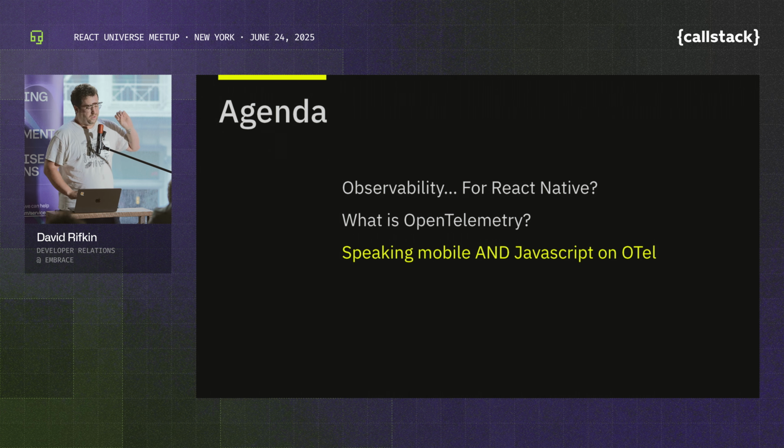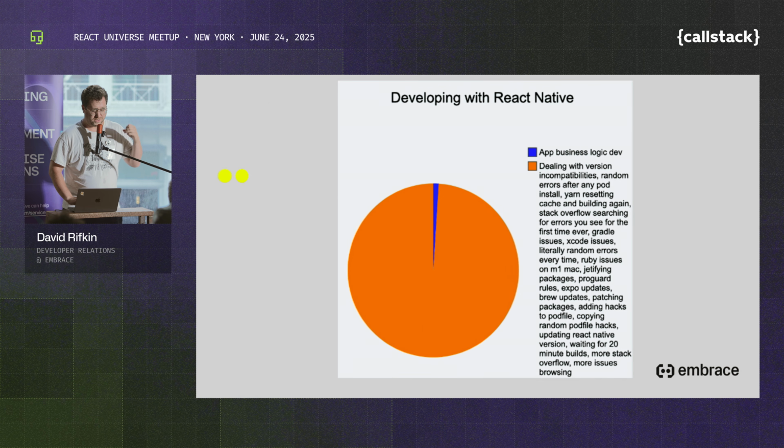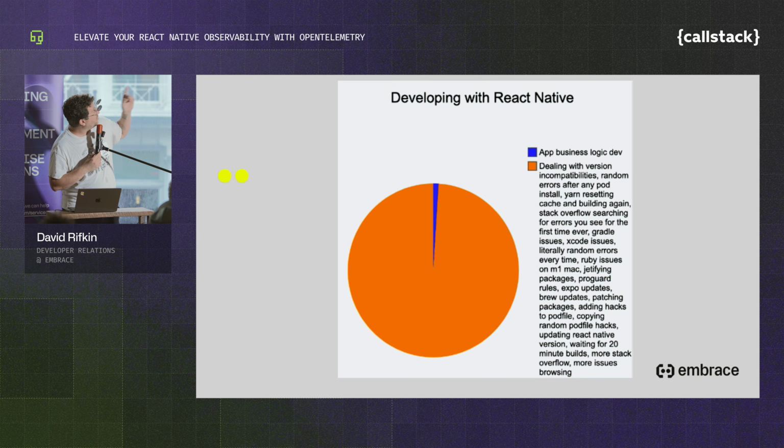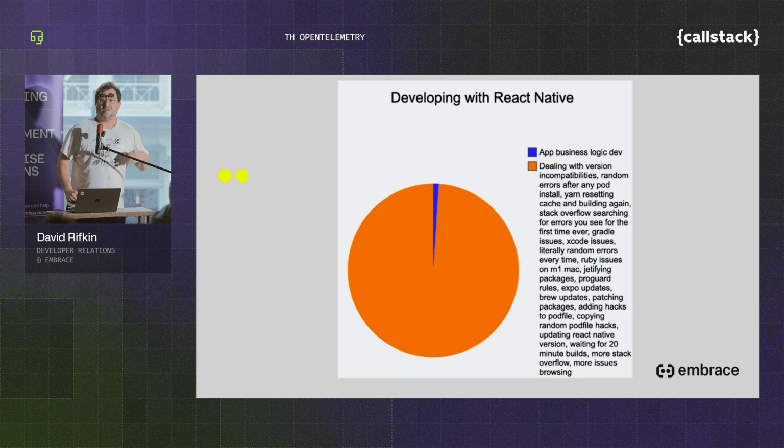So for the last part, let's talk about where the opportunity is for React Native devs. The last step there was kind of key. I do need some help reading this graphic. But if I understand it right, most of the issues developing React Native are not necessarily in the code that you've built, but it's actually in all the things that you're bringing in.